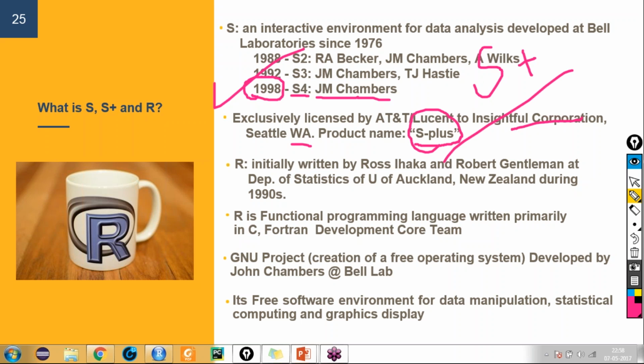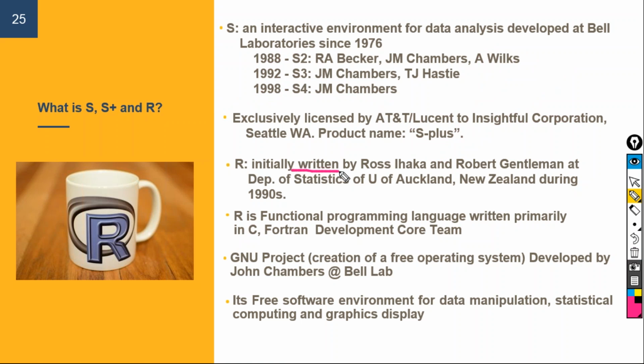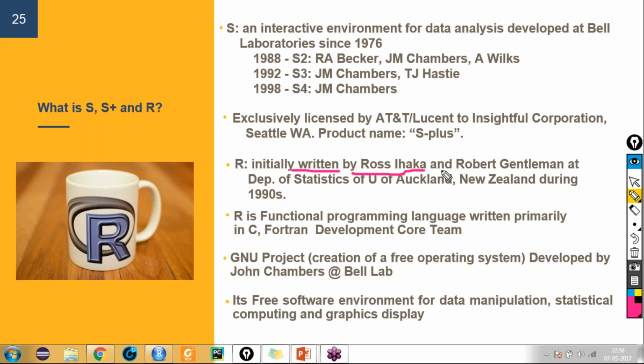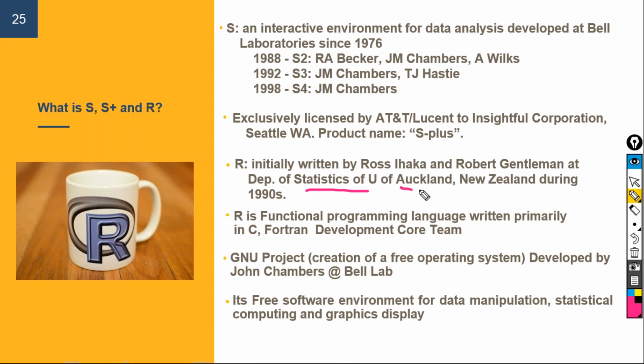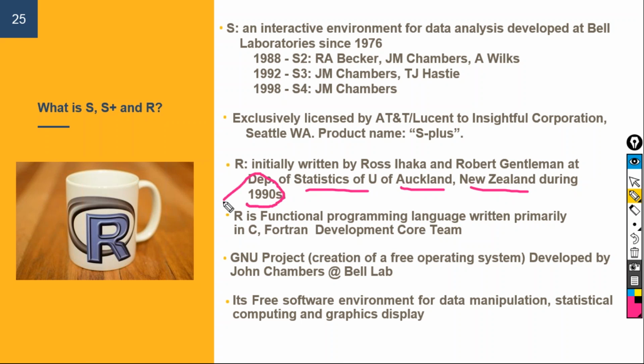Initially, S plus is something like R, right? Then R was initially written by Ross Ihaka, the pronunciation is like this, and Robert Gentleman at the Department of Statistics of the University of Auckland, in New Zealand, during the 1990s.